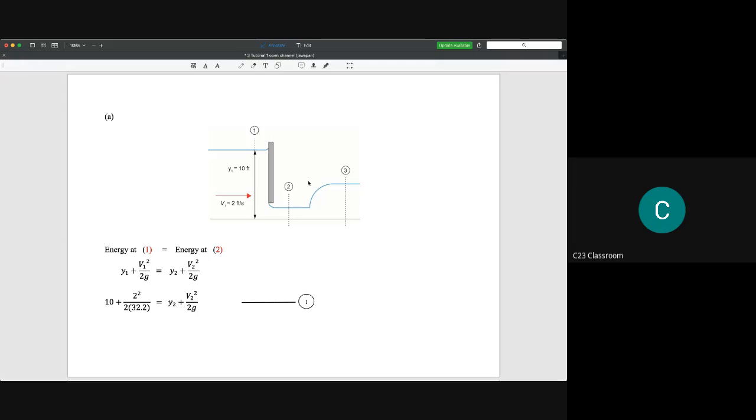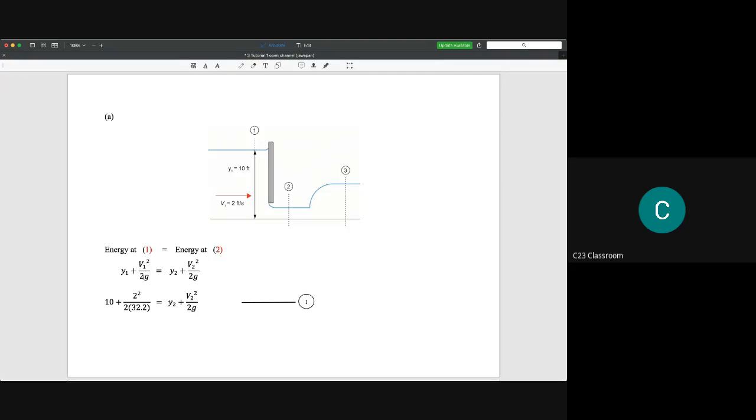As I mentioned previously, the hydraulic jump occurs at this point. So the energy before and after the hydraulic jump cannot be compared. However, we could compare the energy at this region because both of these points are located before the hydraulic jump. So we use the idea that energy at 1 must be equal to energy at 2.